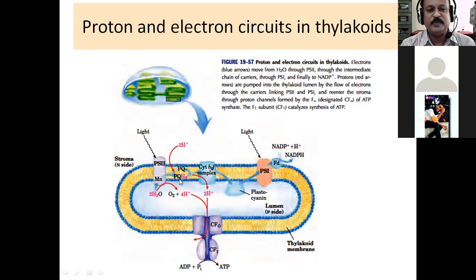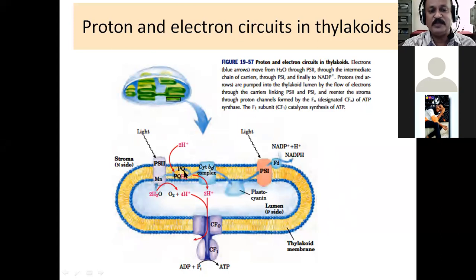Plastoquinone gets reduced, PQH2. Now this H, that is the proton, is coming from the stroma. Can you see that? The stroma of the chloroplast, the outside space. All the space outside the sac is the stroma. So protons are coming from the stroma, and electrons are coming from photosystem 2 to the electron transport chain.